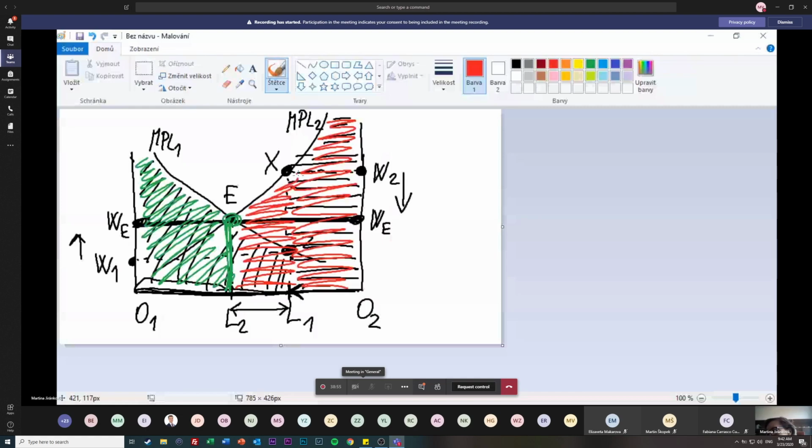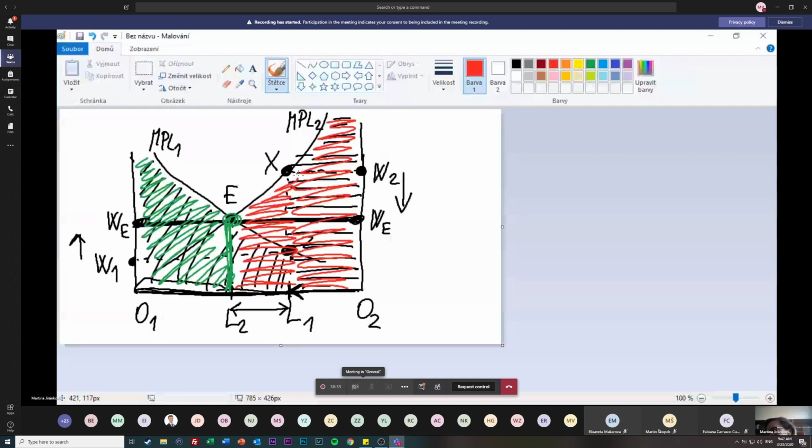So what is the conclusion? Now GDP in the first country is O1, L2E, and the area, you can see it.